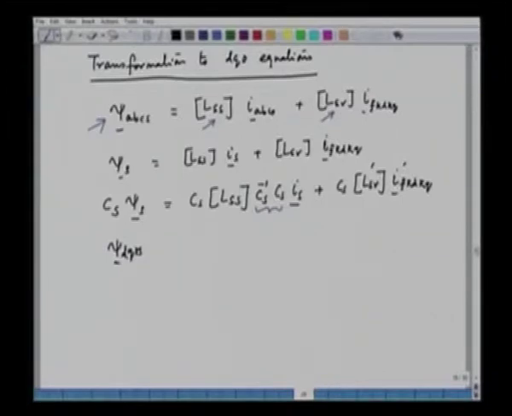This will be the d axis, q axis and the zero sequence component flux of the stator, and this will be L_DQOS, the inductance of the stator in the dqo frame, and then we have C_S into I_S, we have I_DQOS, this will be I_DS, I_QS and I_OS, plus we can have this as L_F KD KQ prime into I_F KD KQ prime.